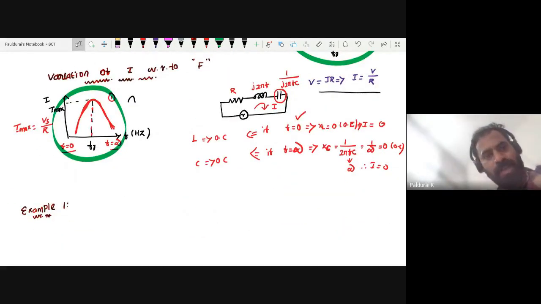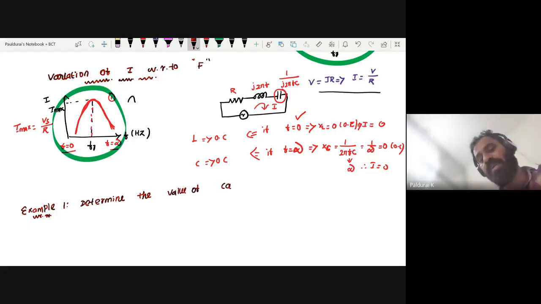Determine the value of capacitive reactance and impedance at resonance. Just think; I will give you enough time. Just by seeing the diagram itself, you can give the answer.